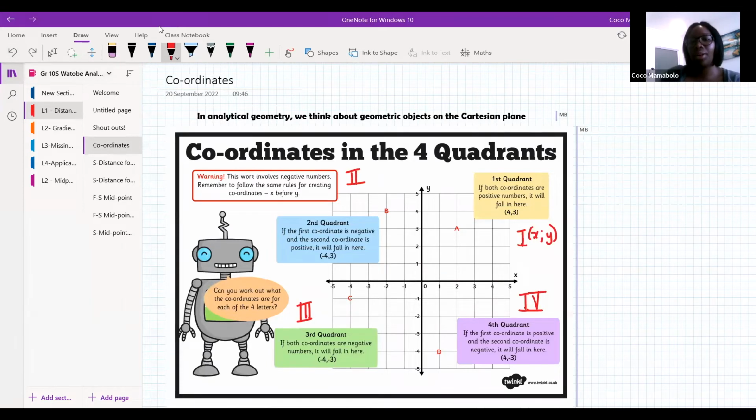Okay, our second quadrant will have a negative X value and a positive Y value. Our third quadrant over here is going to have a negative X value and a negative Y value. And our fourth quadrant will have a positive X value and a negative Y value.